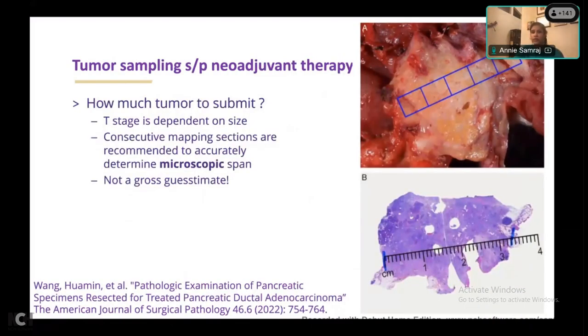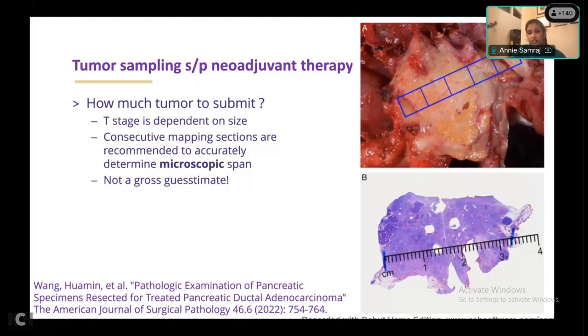So how much of the tumor to submit? Generally, if it is a small enough tumor, 3 centimeters or less, then it's possible to submit the tumor entirely. But otherwise, we want to section it so that we get an accurate microscopic span of the tumor.